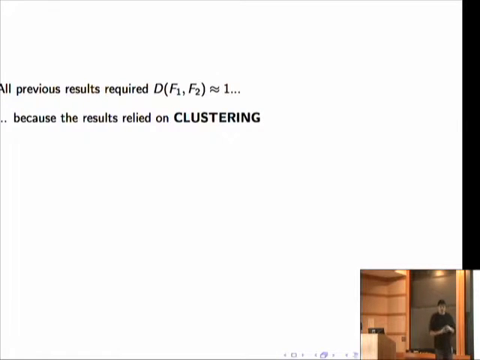They're based on the idea: take many samples from your mixture and then be able to accurately cluster every single one based on which component generated it, and then output the empirical mean and covariance. The problem is, what happens if the statistical distance between my two components isn't close to 1? What if it's, say, 1/2?